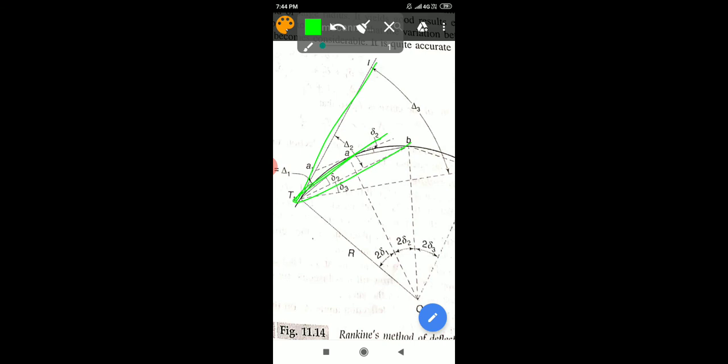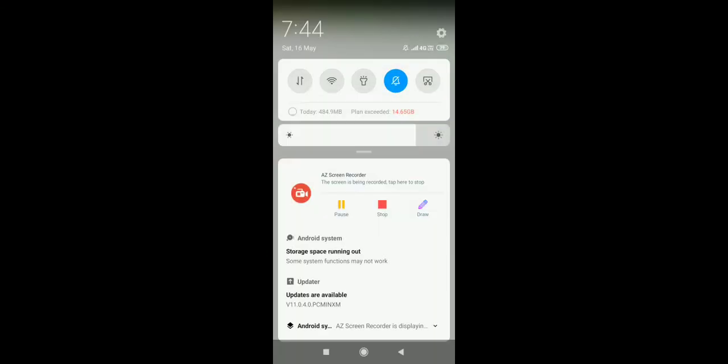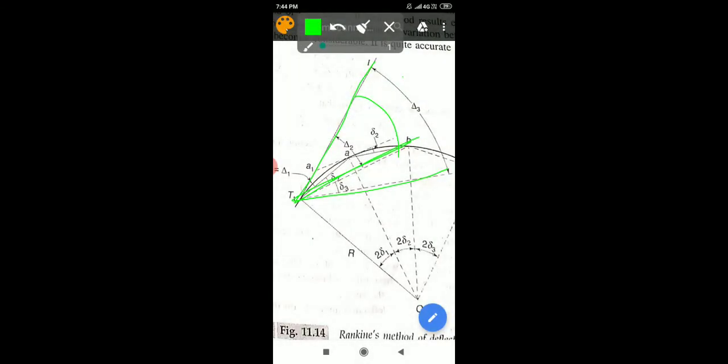And delta 3 is IT1B plus BT1C. Then delta 3 we already know.